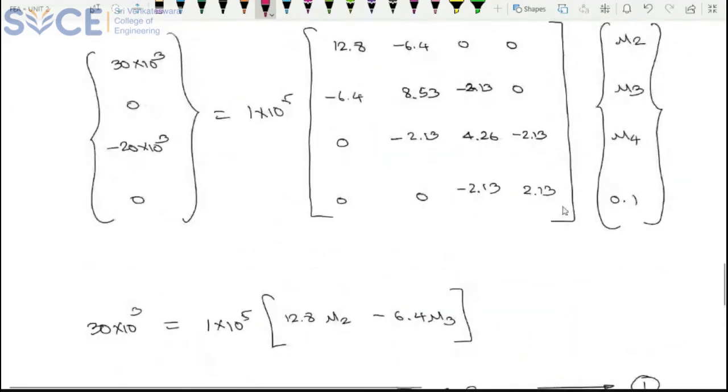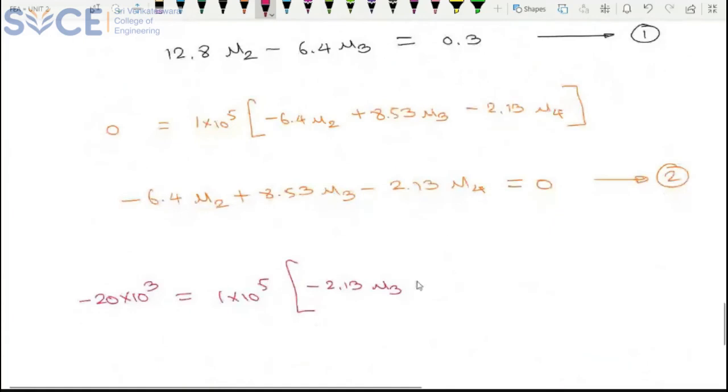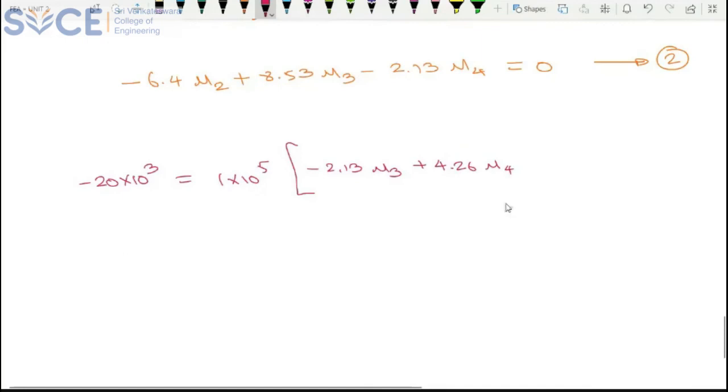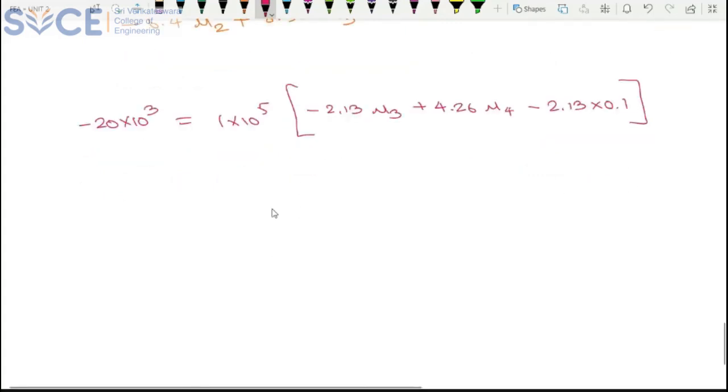4.26 into u4 plus 4.26 into u4, and minus 2.13 into 0.1. So minus 2.13 into 0.1, this is my value, right? So what we'll get? Let me equate it.